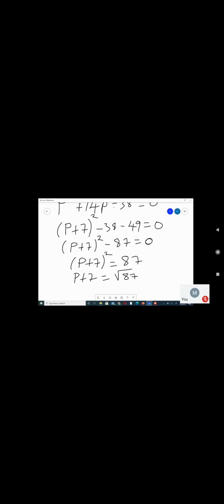And then we can carry over the positive 7 to get negative 7, so it's going to be p equals root 87 minus 7. Right. Well, we haven't removed the square root sign as yet, so we wouldn't get the plus or minus.